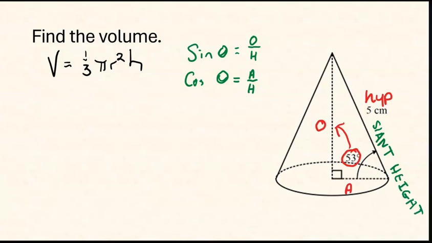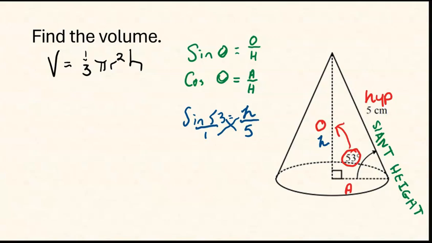So first thing I'm going to do is let's use sine to find our actual height. So that is going to be sine 53 equals, I guess I'll call it h over 5. In my video, I spoke to the powers of cross multiplication, so that is what I'm going to do here.